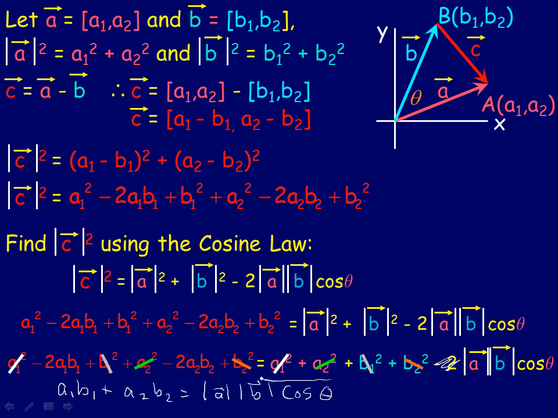Now remember, from the top of the second page, that's the dot product. So this quantity right here is also the dot product. So this is actually another way to calculate the dot product.